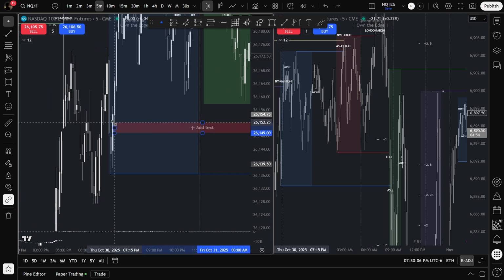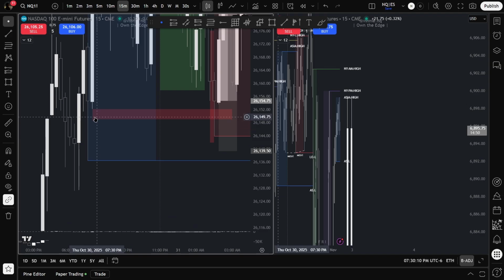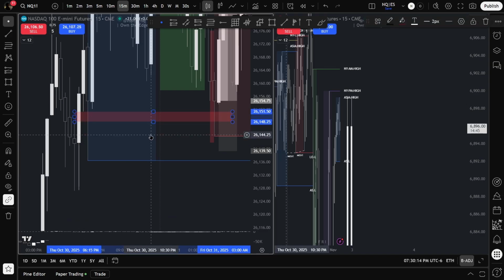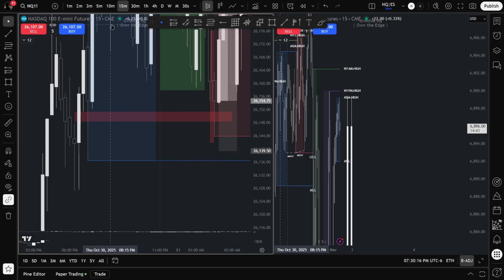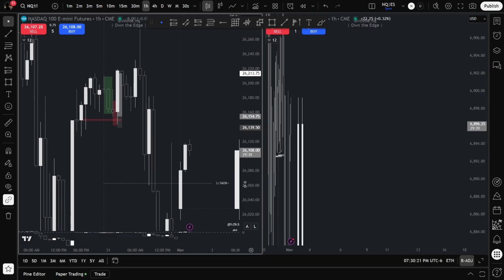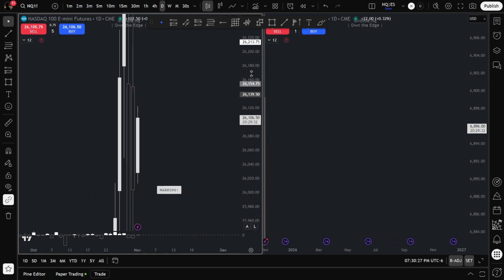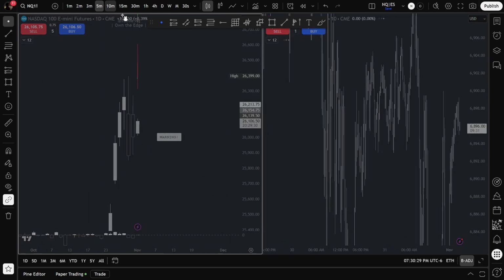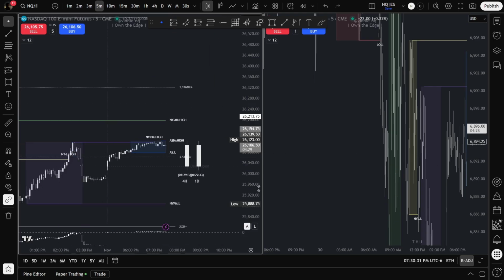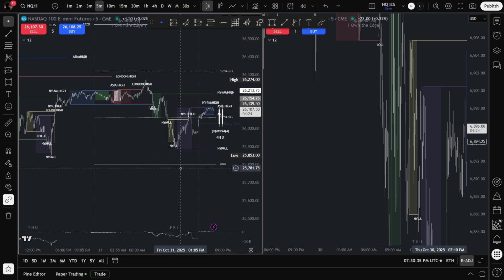But maybe we have something on a higher time frame, like this 15-minute fair value gap that we wicked into right here. Or it could be even higher, like this 1 hour. But this is basically what trading is. You just try to find these patterns in the market, and they happen all the time. So basically what I taught you is AMD.